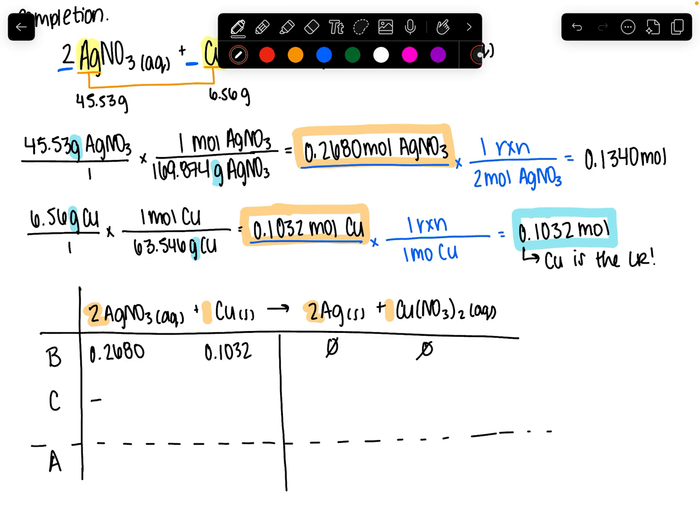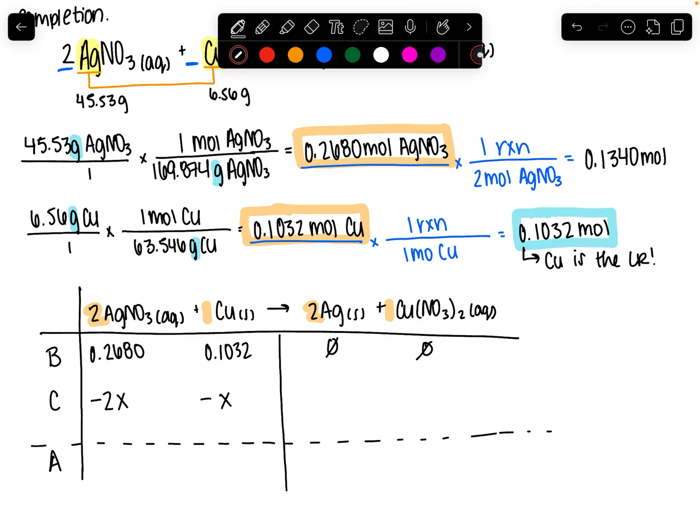So I'm losing some amount of silver nitrate, so minus X. I'm losing some amount of copper, minus X. But I lose twice as much silver nitrate as I do copper every time the reaction runs. So this X number represents proportionally how much your system is losing or gaining in moles as the reaction occurs.